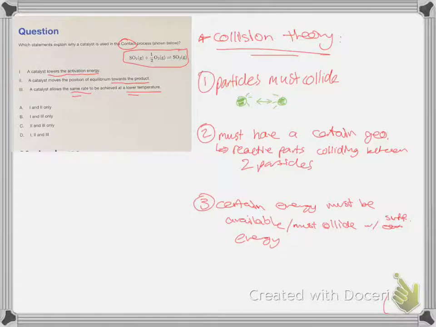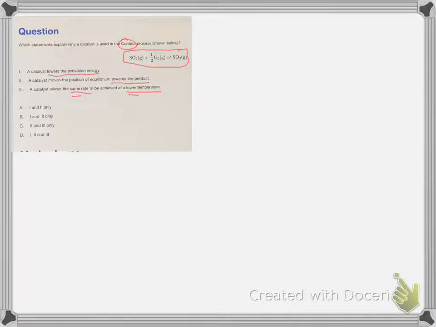And with that being said, we now can draw the enthalpy versus time graph with the activation energy and the delta H. Okay, now just to draw the graph, we're going to have time as our x-axis and enthalpy as our y-axis. So the reactants are going to start about here, and the products are going to be low.